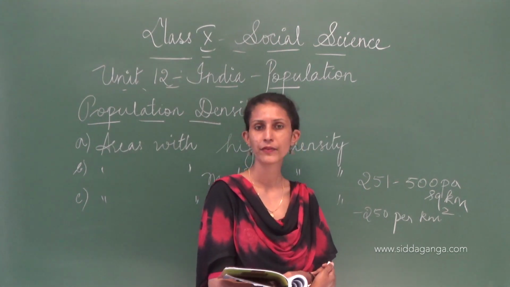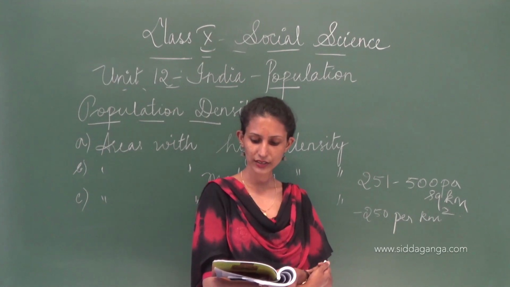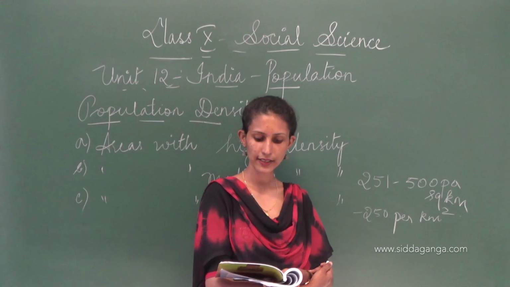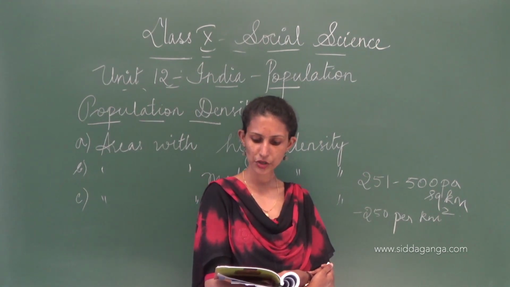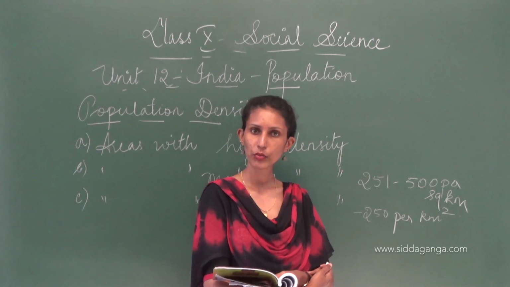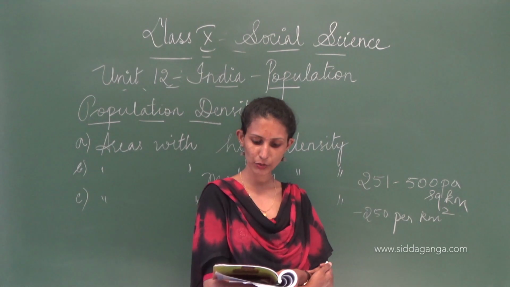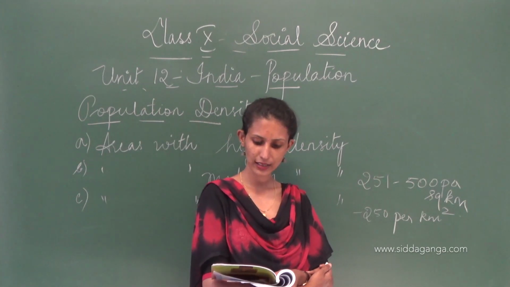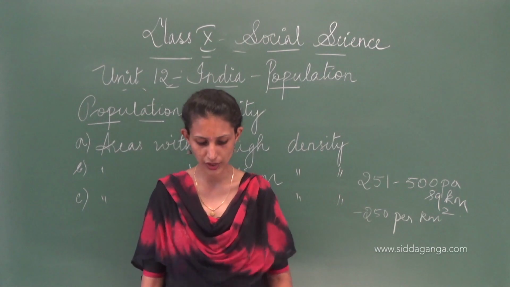Madhya Pradesh 136, Rajasthan 201, Uttaranchal 189, Chhattisgarh 189, Meghalaya 132, Himachal Pradesh 123, Manipur 122, Nagaland 119, Jammu and Kashmir 124, Sikkim 86, Andaman and Nicobar Islands 46, Arunachal Pradesh 17. Now, why do you think, and what are the reasons?